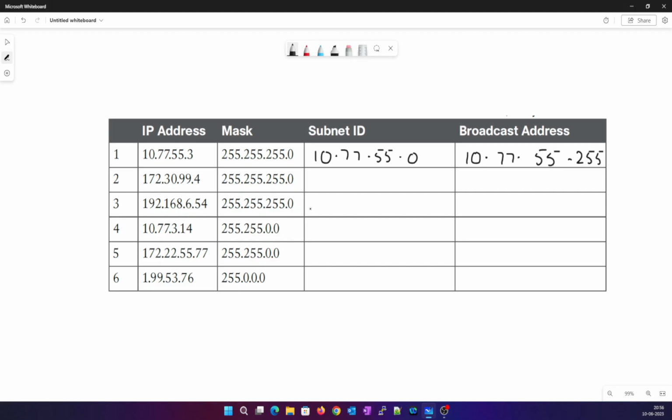Similarly, let's go to the last one. Here, just copy the value where there is 255. So it becomes 1, and the rest become 0.0.0. This is your subnet ID.